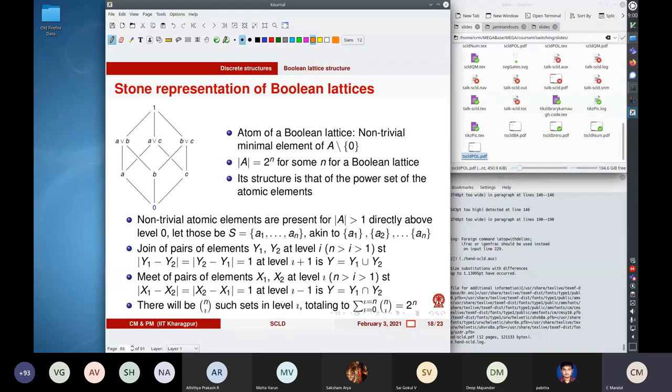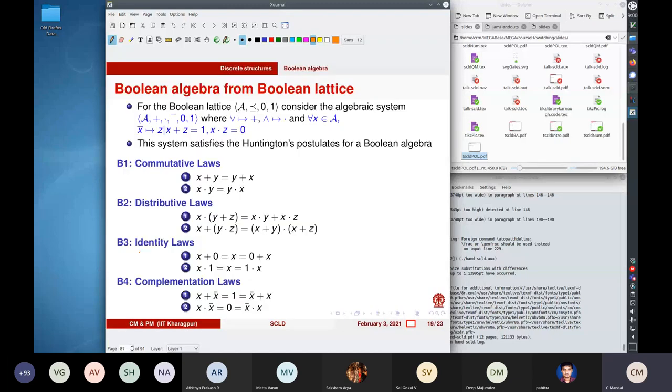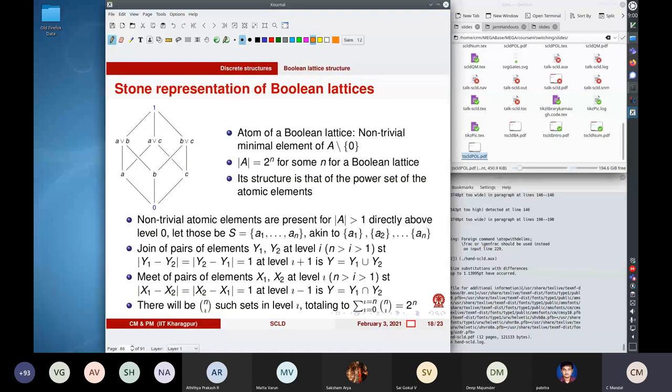And you have already seen that a power set lattice is a Boolean lattice.